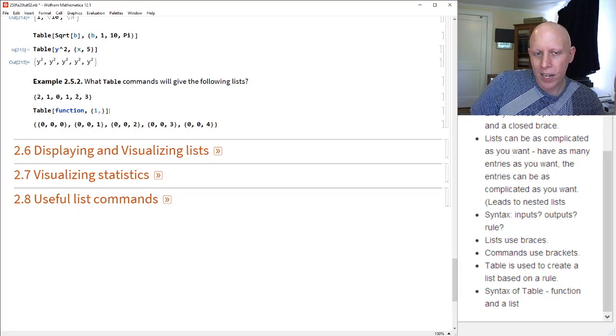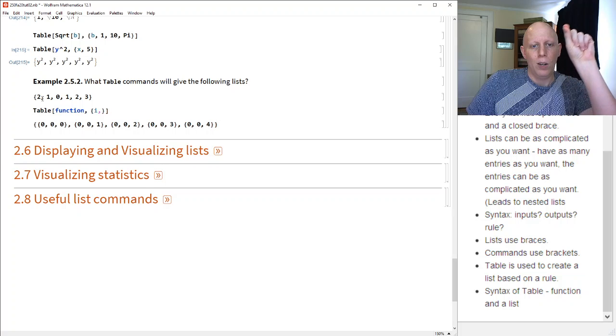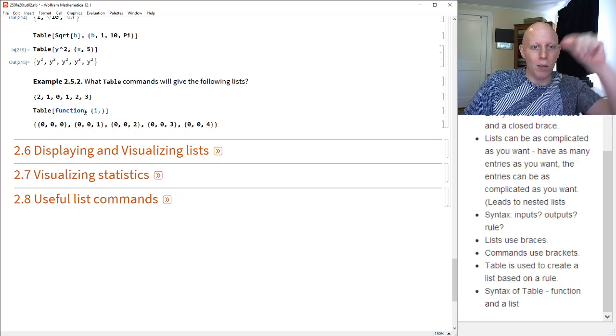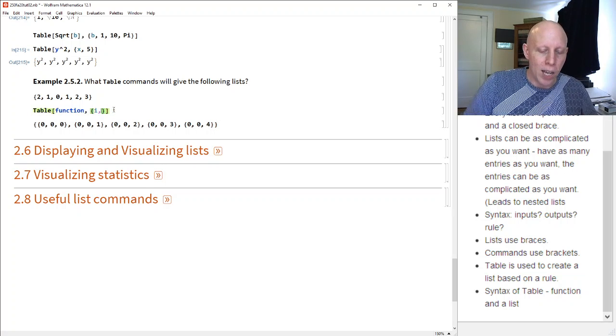And when I think about that, I think that kind of looks like an absolute value function that gets applied to the numbers -2, -1, 0, 1, 2, 3. But when we take the absolute value, then it makes this 2, 1, 0, 1, 2, 3. So we want the I to go from -2 up to 3.